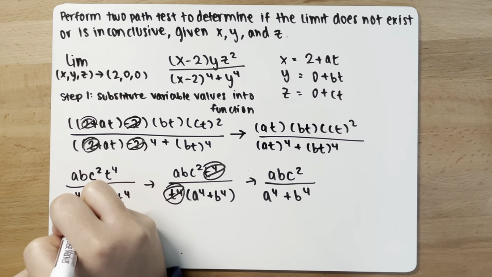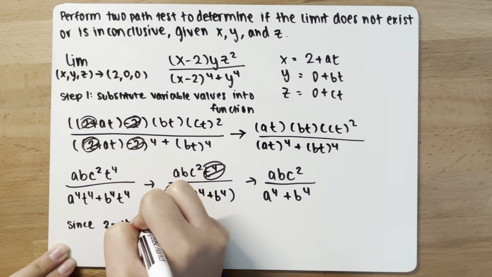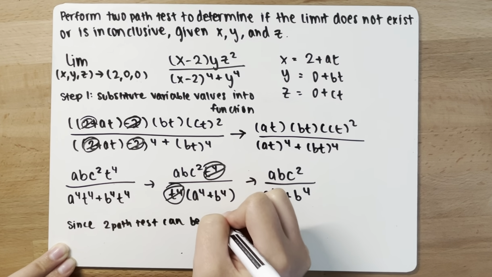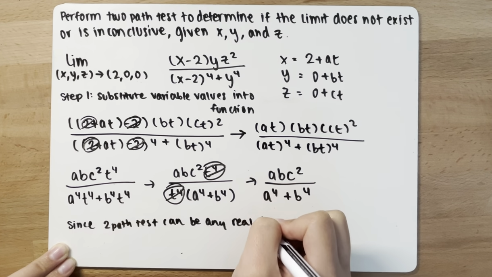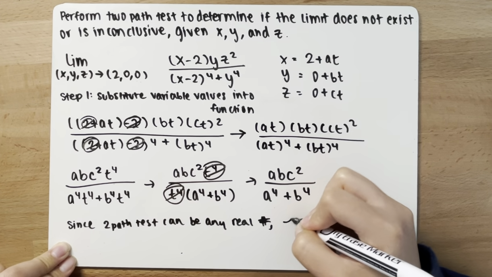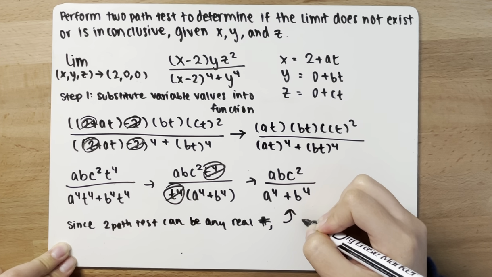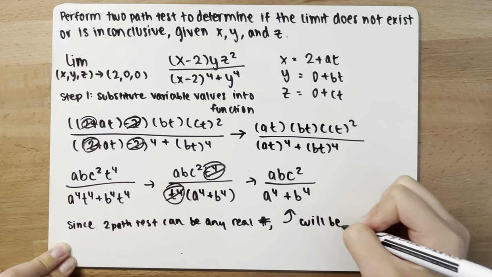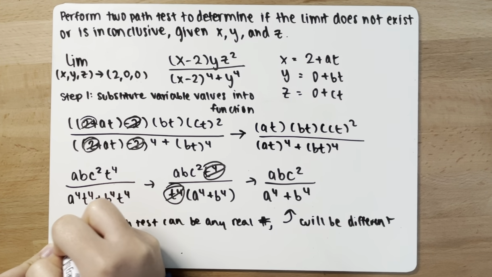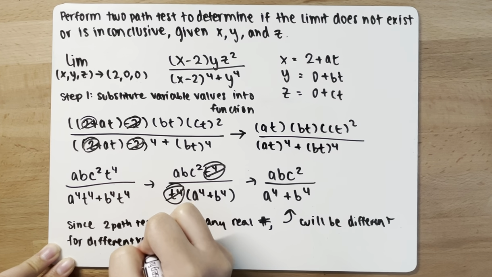So let me write it in words. Since a and b can be any real number, this will be different for different values.